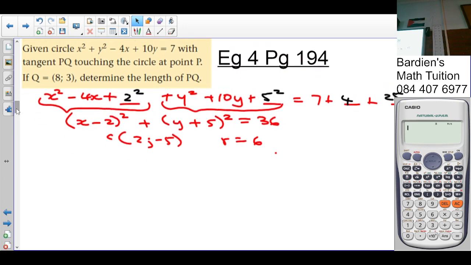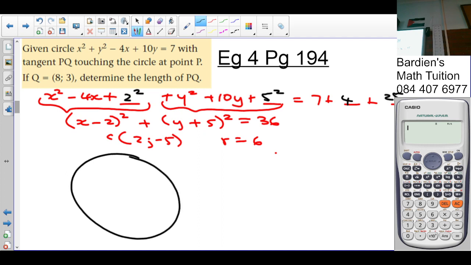Now what? We draw, we make sense of what's happening. We draw the circle. We have (2, -5). So let's read again.